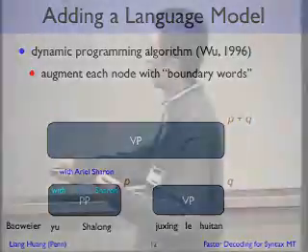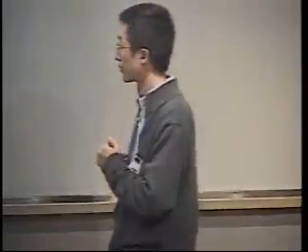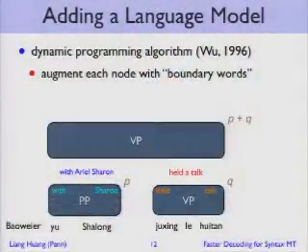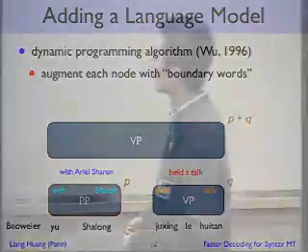That is, I not only need to know that this is a PP spanning the Chinese phrase 与沙龙, but also I need to know that the translation starts with "with" and ends with "Sharon". Similarly for held a talk, I need to remember the boundary words, that is held and talk.